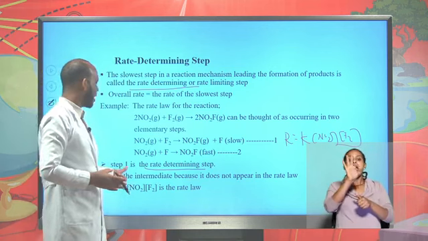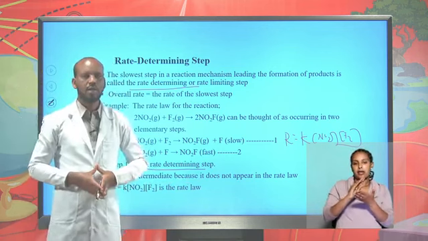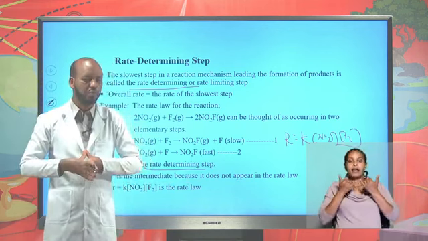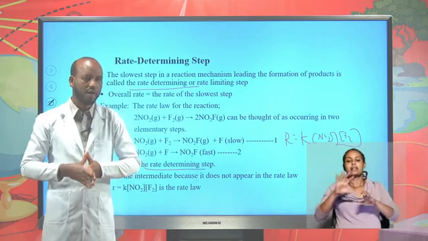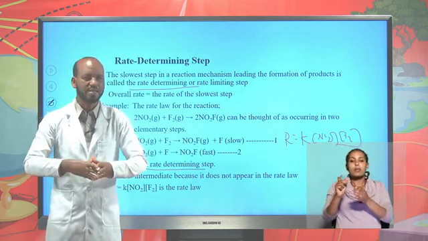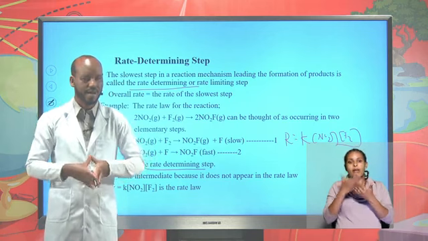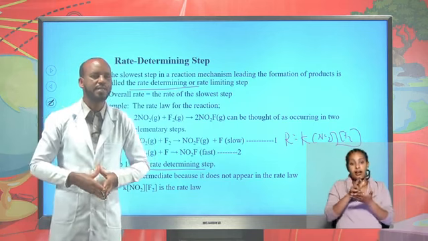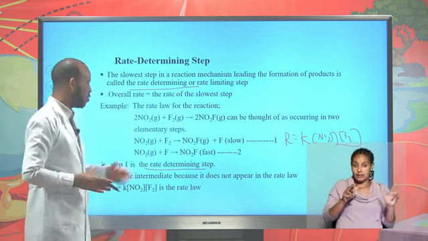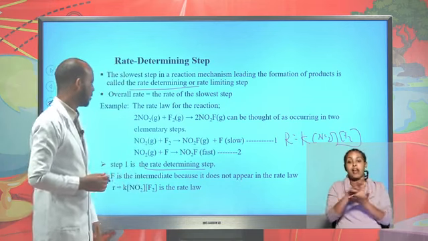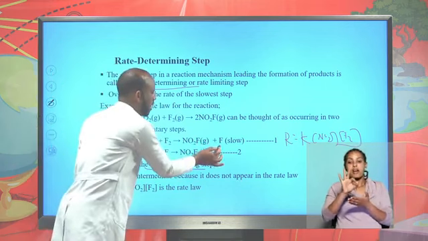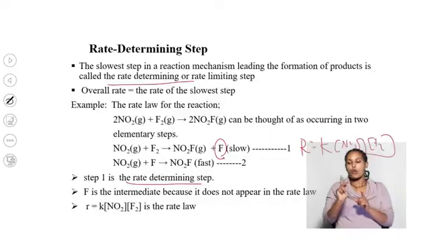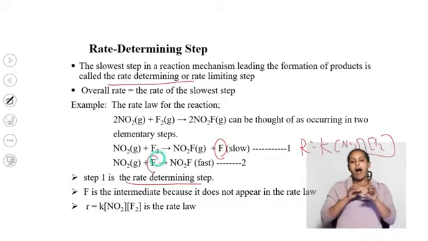F is the intermediate. Intermediates are chemical species that occur as a product in one elementary reaction and act as a reactant in another elementary reaction. If you look at this reaction, F appears here as a product and here as a reactant. Intermediates do not appear in the overall reaction.